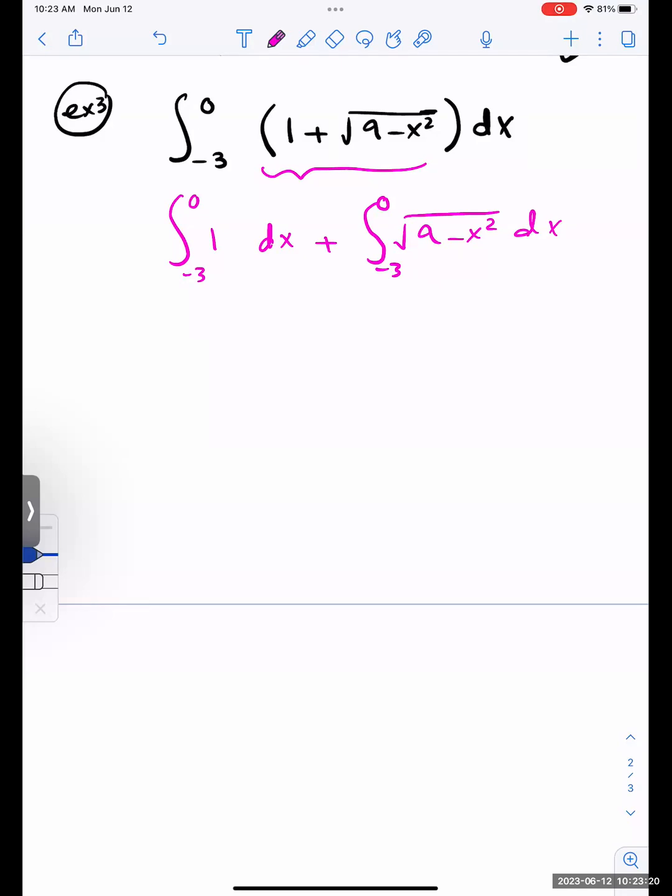For 1 is easy. For radical 9 minus x squared, you don't have a u sub. I want you to think of if you were graphing this one. Think about graphing it and think about area under the curve for that.